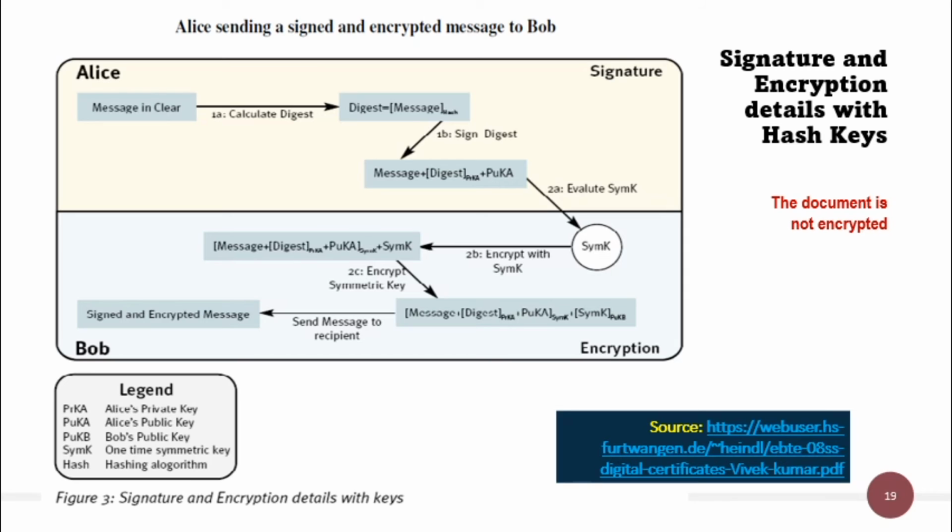So Bob is certain that the message really comes from Alice. So PRKA means Alice private key, PUKA is Alice public key, PUKB is Bob public key. Where is Bob public key? PUKA. This is PUKA. Okay.